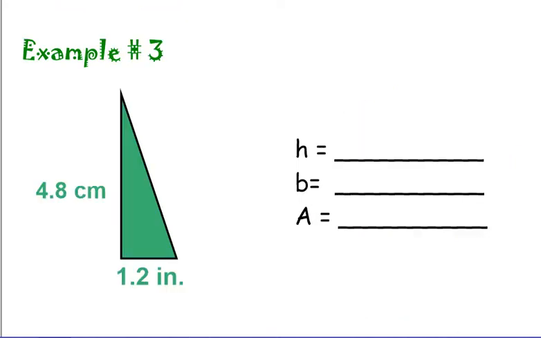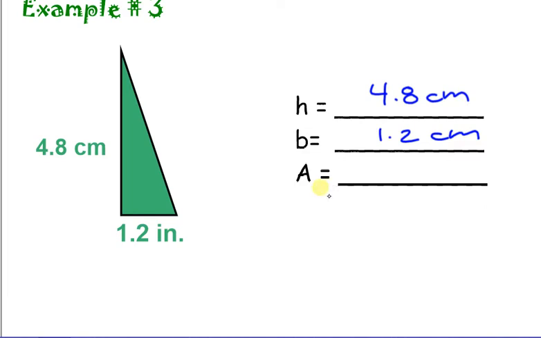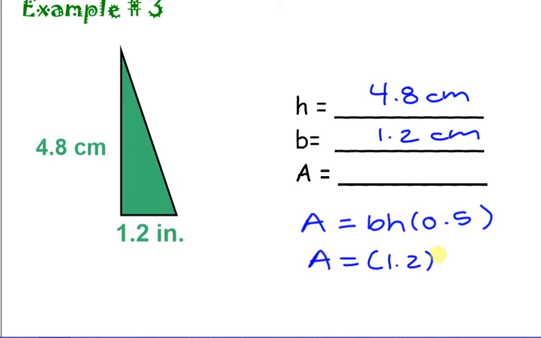All right, let's do another example. So our height is 4.8 centimeters. Our base is 1.2 centimeters. And so let's go ahead and start our formula here. Area equals base times height times 0.5. Area equals 1.2 times 4.8 times 0.5.